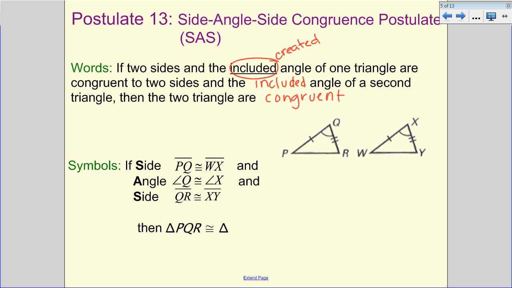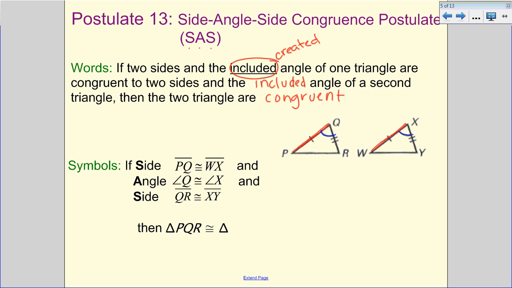You have to move your pencil as you trace things with your pen or your pencil. You have to hit a congruent side, then a congruent angle, and then another congruent side. You have to go in that order. So here's what side angle side is going to look like symbolically. If PQ is congruent to WX, and I know that because they each have one congruency symbol, and angle Q is congruent to angle X because they both have one congruency symbol.